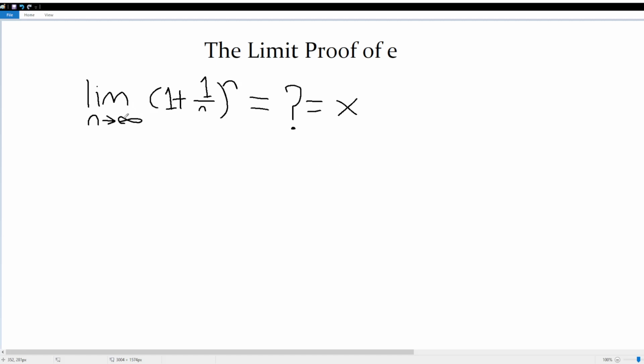Alright, so let's talk about what you shouldn't do when you see this. Number one, the first thing you don't want to do is see, oh, as this goes to infinity, this is going to go to 0. And then you do, oh, blah, blah, blah, 1 plus 0 to the n is equal to 1.